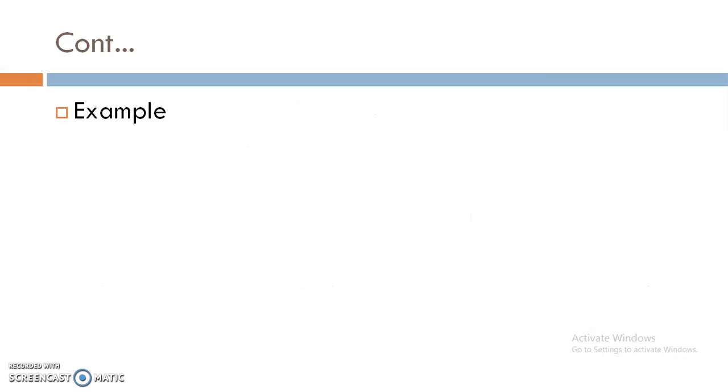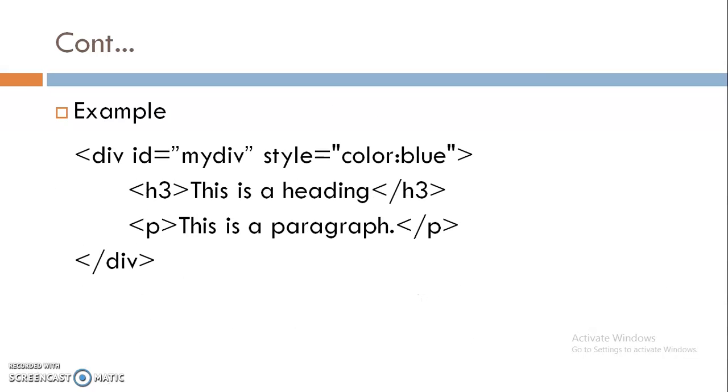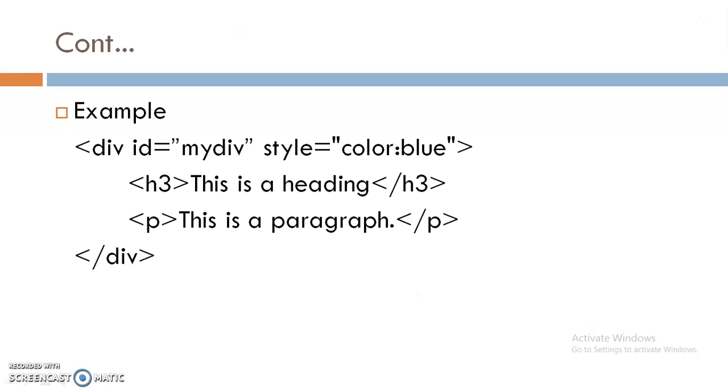Now an example of the division tag. Here two tags, h3 and p, are written between div and slash div because I want the same blue color in both tags. So there is no need to write the same coding for both h3 and p.